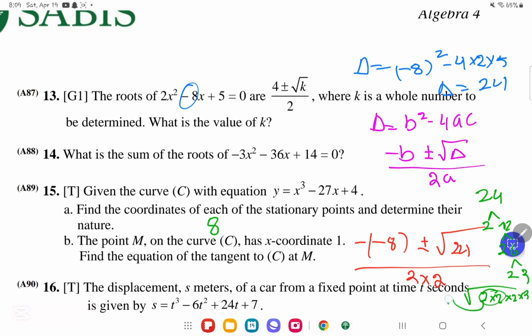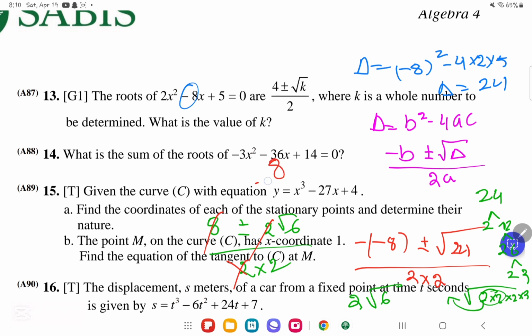Take out 2 of the same. So you're going to have 2, and then inside you're going to have radical 6. So it's going to be 8 plus or minus 2 radical 6 over 2 times 2. So then you can simplify it by crossing out the 2 and the 2 and the 8 and the 2. Okay? You cross them out with the same 2. Do not forget that. Okay? Why?